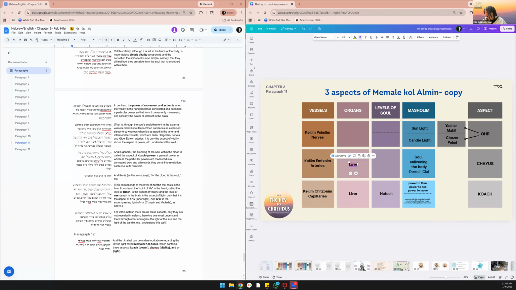So I'm going to put it up here, heart. And this corresponds to which level of the soul? Ruach. Yeah, ruach.